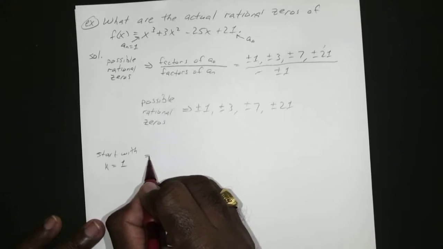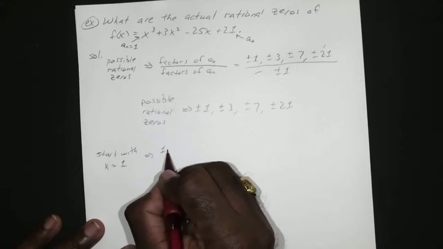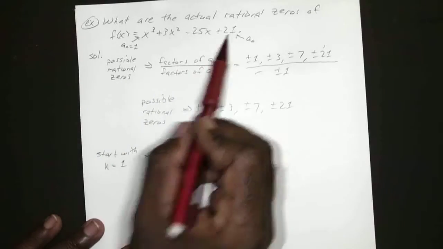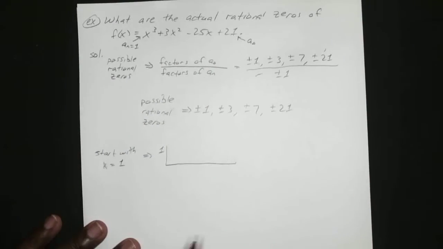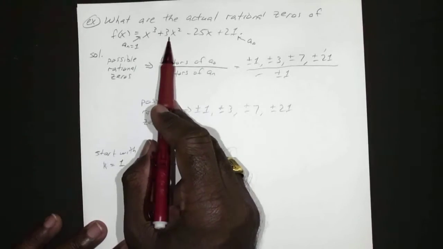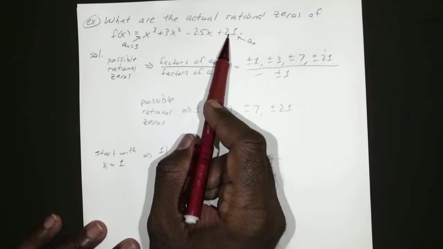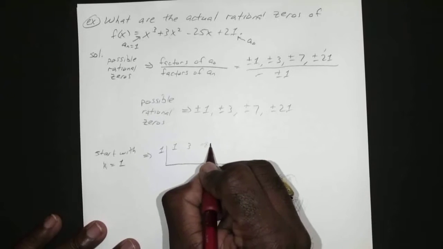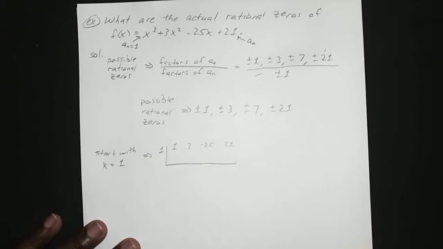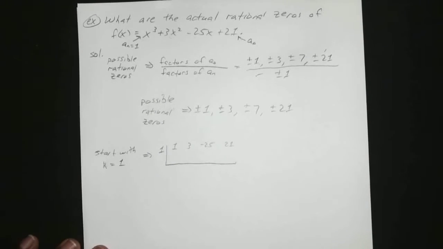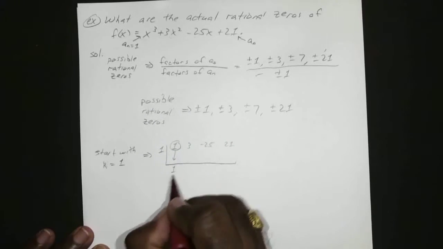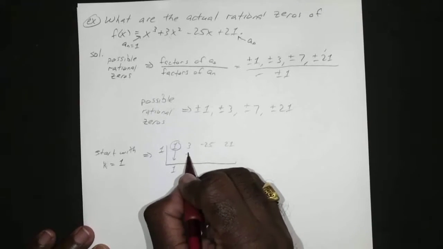Okay, so when k is equal to 1, you have your 1. And remember, you want to write all your coefficients. So you have 1, 3, negative 25, 21. You get your first one, you bring it on down. 1 times 1 is 1.